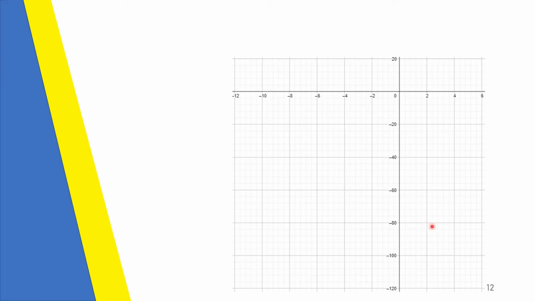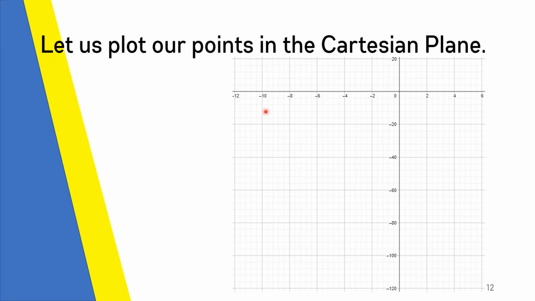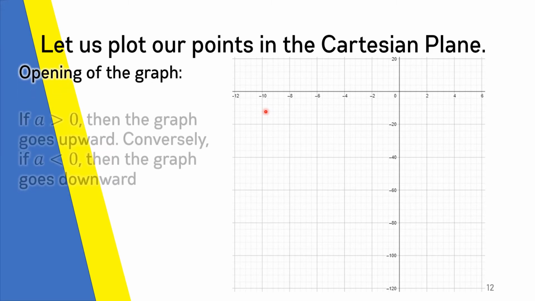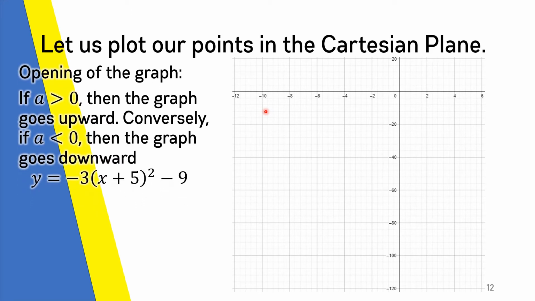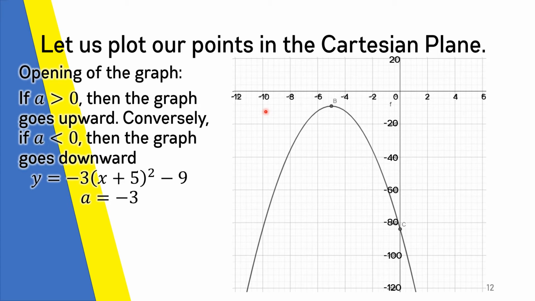So we have here this should be right here. So let's plot our points. We have here the opening of the graph. So here's the function. A is negative 3 right here. Since A is negative, you're going to see the direction is downward.